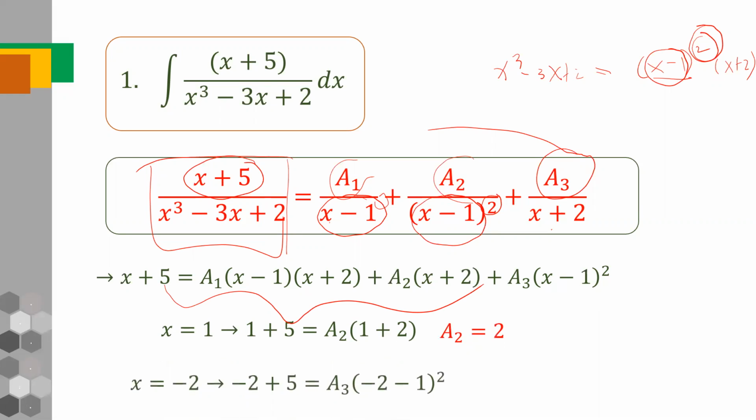If we substitute x equals -2, we are left with a3, and our a3 is equal to 1/3. As you notice, I use different variables, a1, a2, a3, unlike in the first video, where I used A, B, C. It's up to you which you are going to use. Either case is correct.